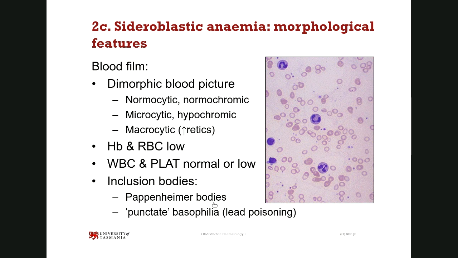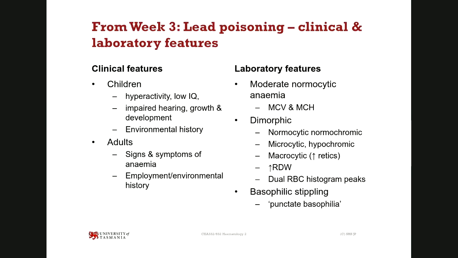And we can also see this punctate basophilia. I don't know if I talked about that when we were talking about lead poisoning earlier in the semester. It's just another form of basophilic stippling, but it's a little bit coarser than the basophilic stippling that we see in our... I don't know, where's that slide gone?